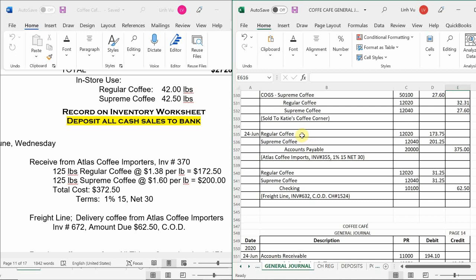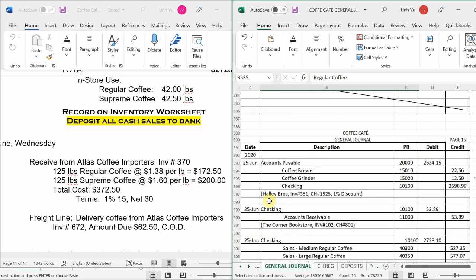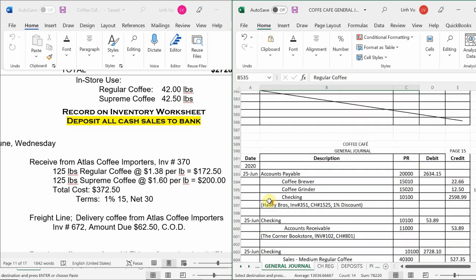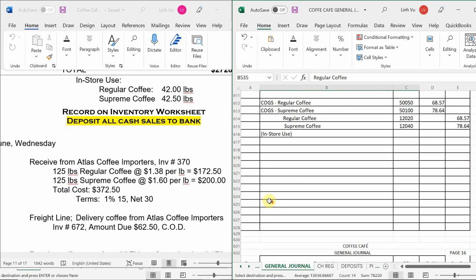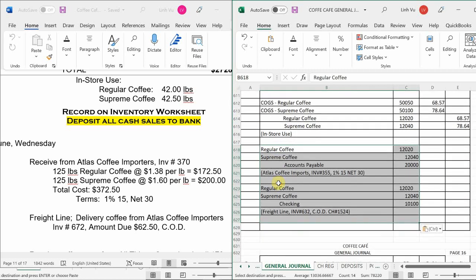We need to recognize, what do we need to recognize these coffees as? Regular and Supreme. Good, as inventory. Good. Copy this section here. This should fit it. There we go.